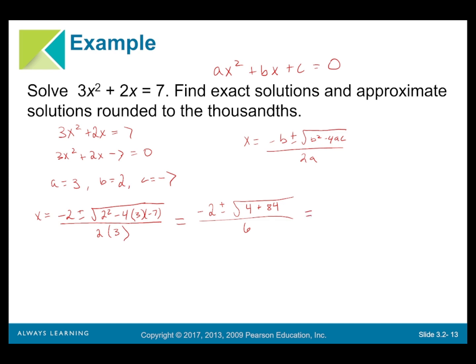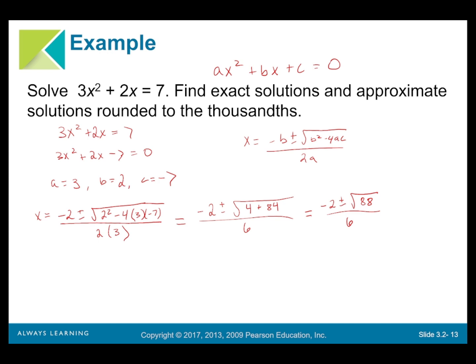Okay, so this is -2 plus or minus square root 88 divided by 6. Let's think about this for a second. I have 88. It is not 86, 88.